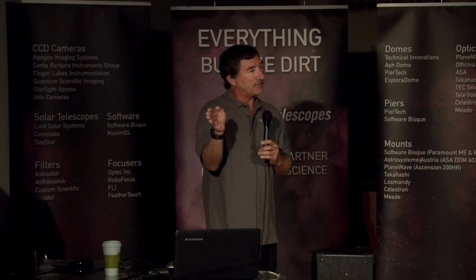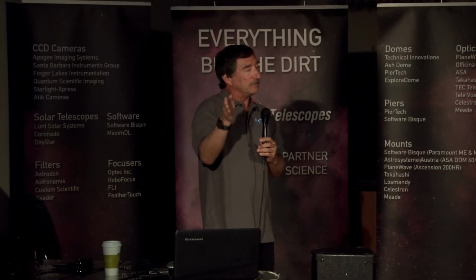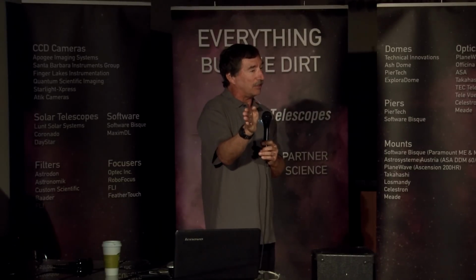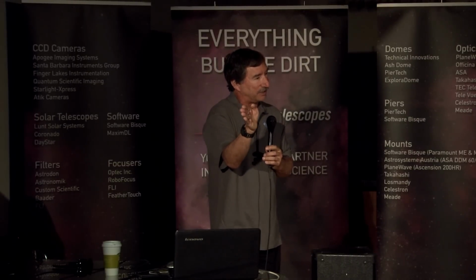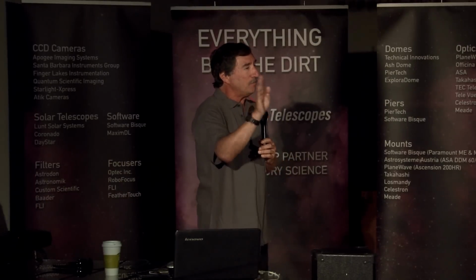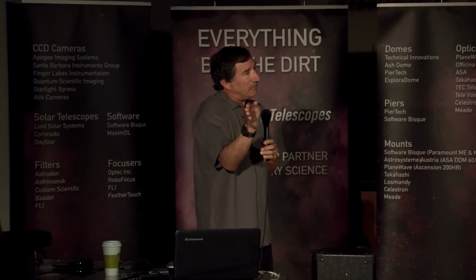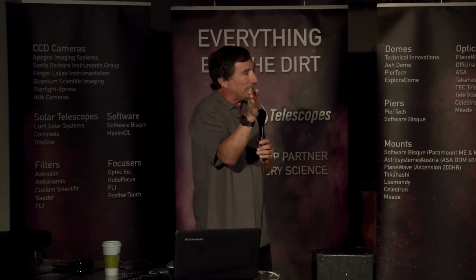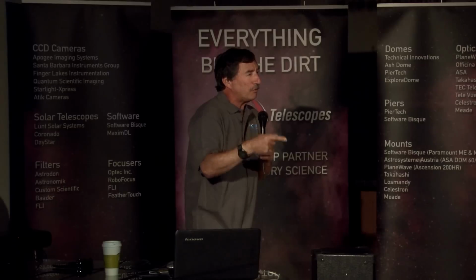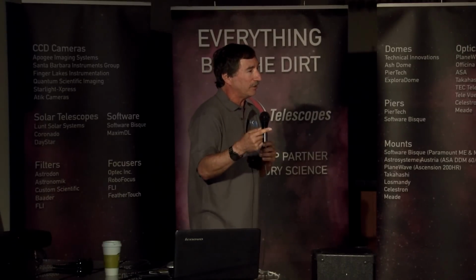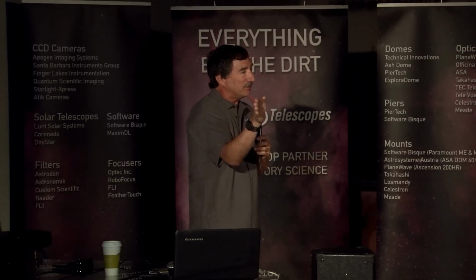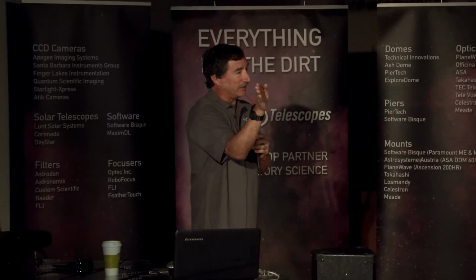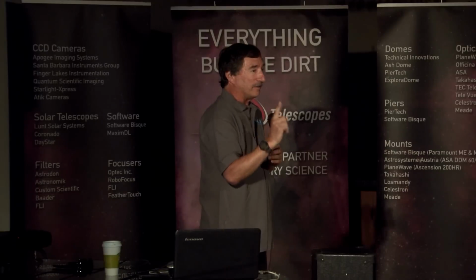Every time you take a picture, all those red, green, blue, yellow pixels that you see on that color mottle, they're always going to be in the same place. So if you move your camera a little bit between each exposure, a couple of star diameters, up, down, left, right, like that, and then you go scrolling through all of your pictures that you took, what it's going to look like on the screen is that your stars are going to be going like that, right?